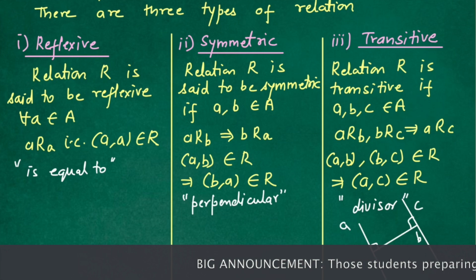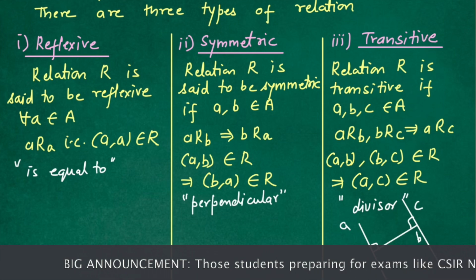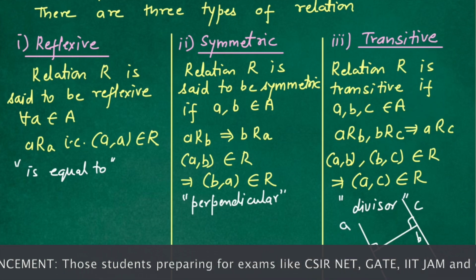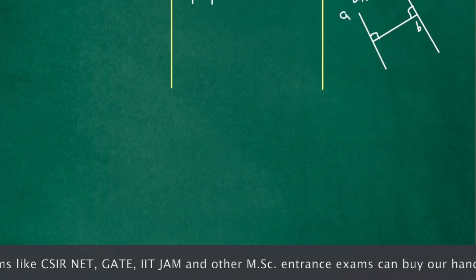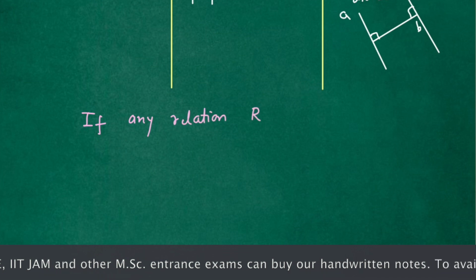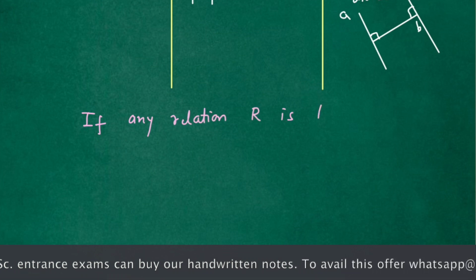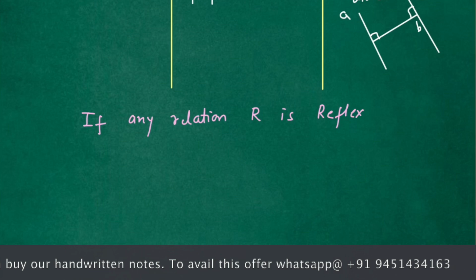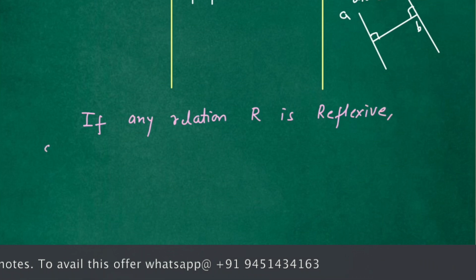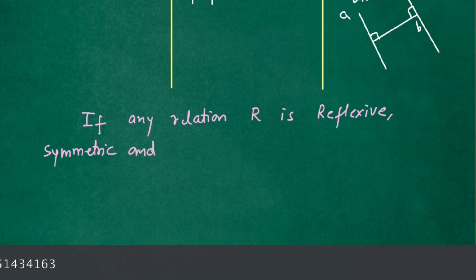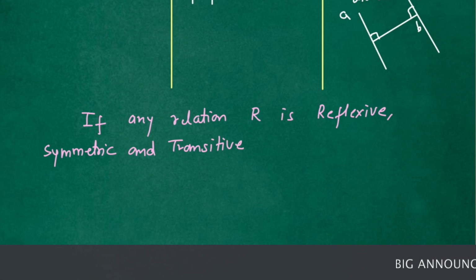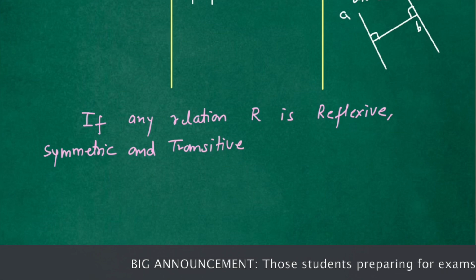I hope everything is clear to you. Now let's see one more definition which is very important: equivalence relation. If any relation R is reflexive, symmetric, and transitive, then that relation R is said to be an equivalence relation.